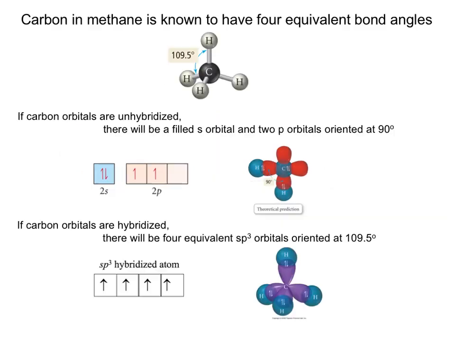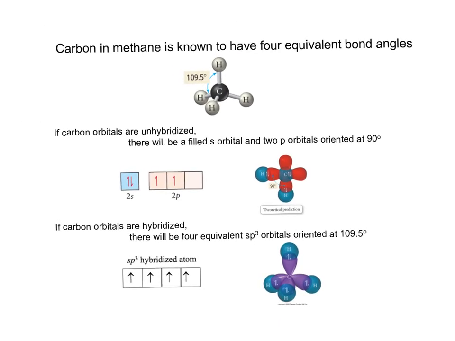So, in the next slide, here we have, again, the tetrahedral geometry from methane. And this is the diagram that I just showed you on the last slide. This is the unhybridized carbon electrons.